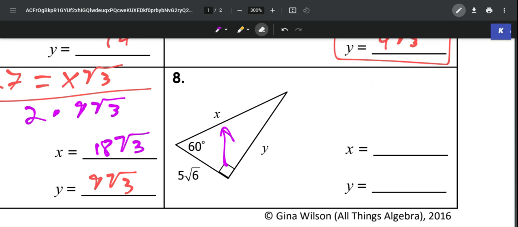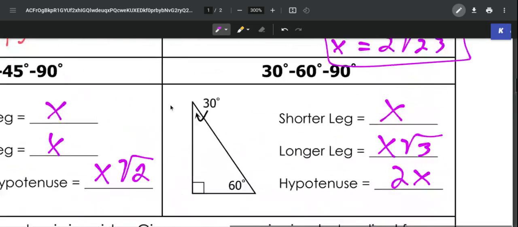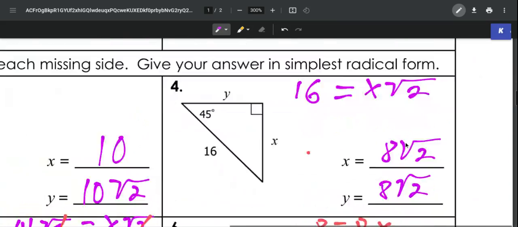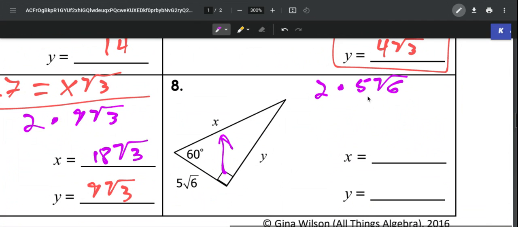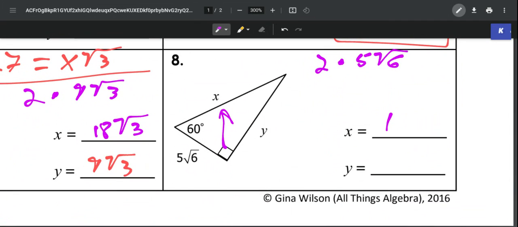Then to find x and y, for the hypotenuse, it's just 2x. So 2 times 5 radical 6 will give us our hypotenuse, because that's our general setup for the hypotenuse. So 2 times 5 radical 6 will just be 10 radical 6, and then we're done.